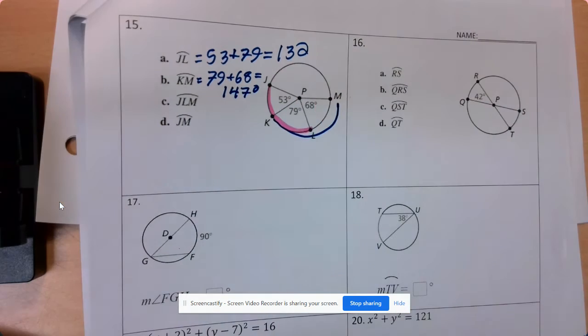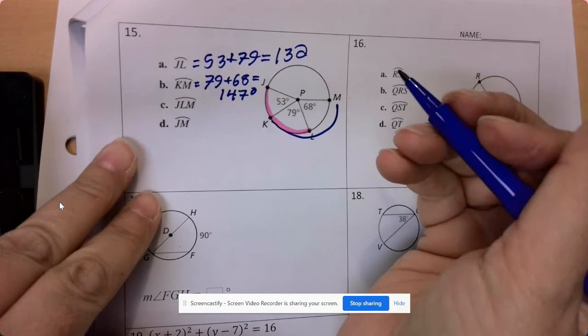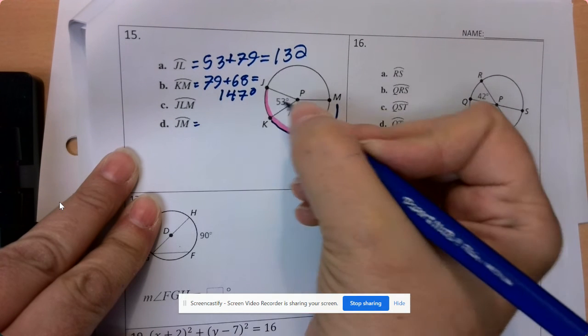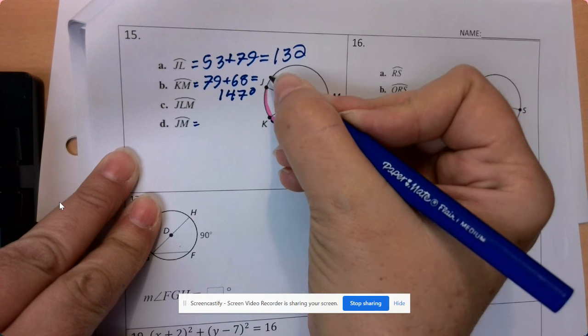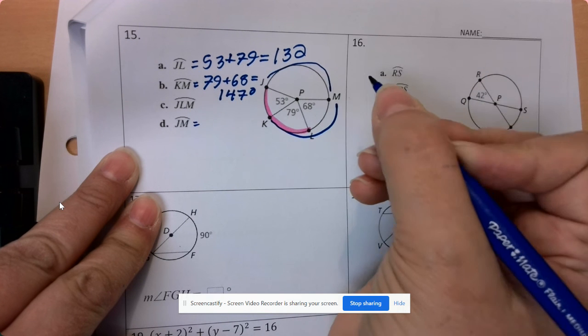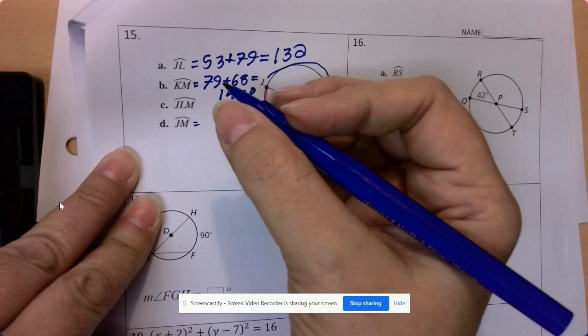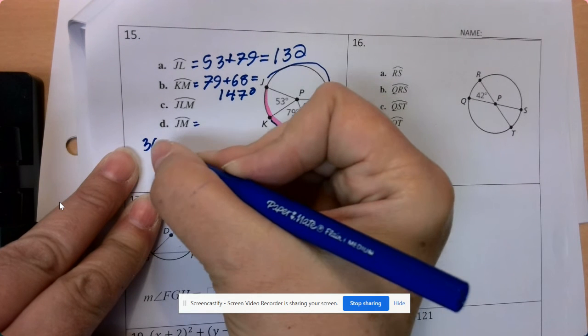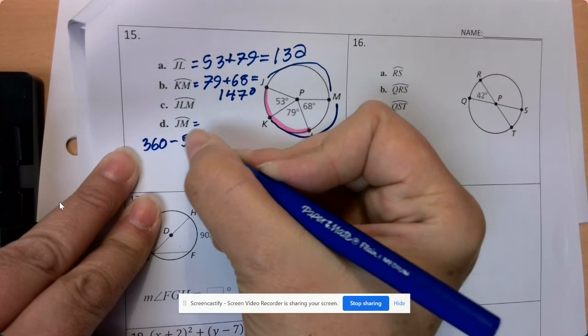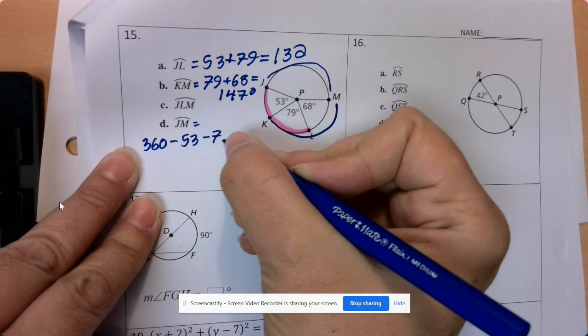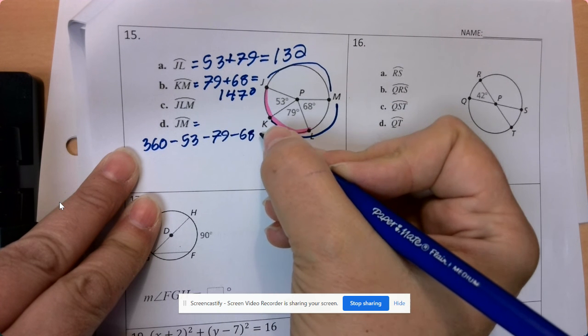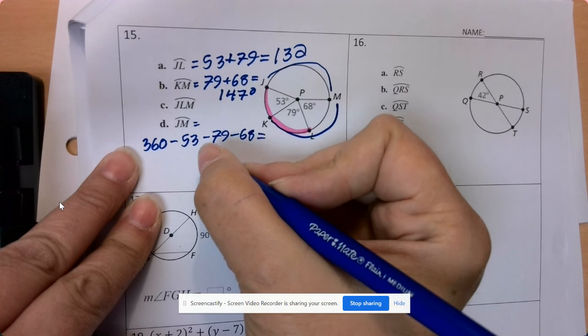Okay, and then JAM is going to be, actually I'm going to do JAM first, everybody. Would be 360, and then we just subtract all those other angles. So 360 minus 53 minus 79 minus 68, and that would give us 160.